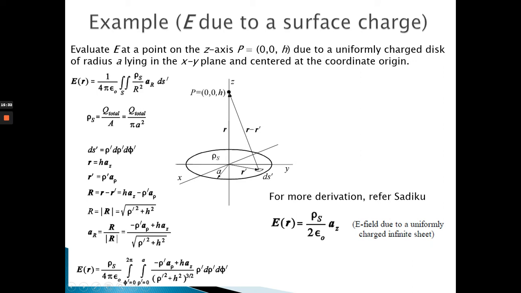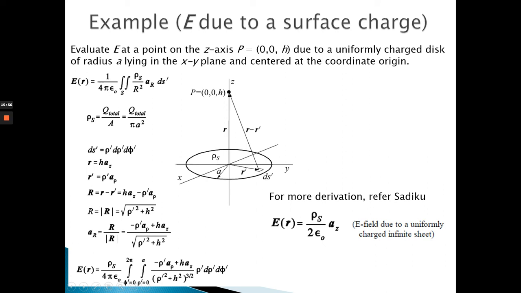So big R is equal to r minus r dash, small r minus small r dash. We subtract and get this one, and then we find the modulus. Then R divided by its modulus, and at the end we get this. But I will only come to this point, not more.